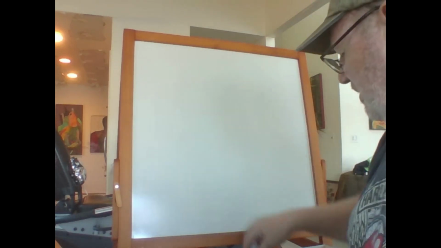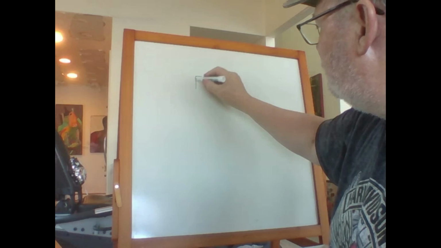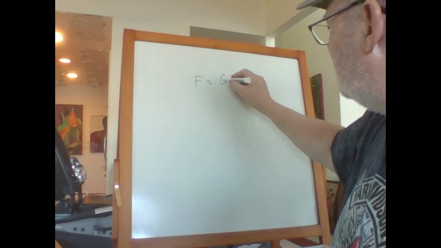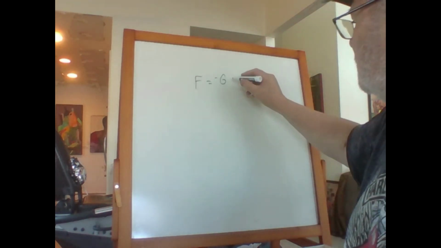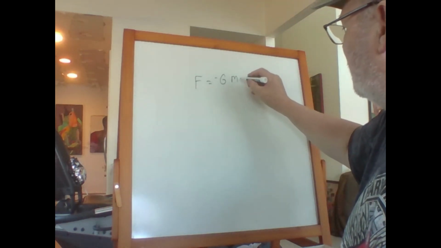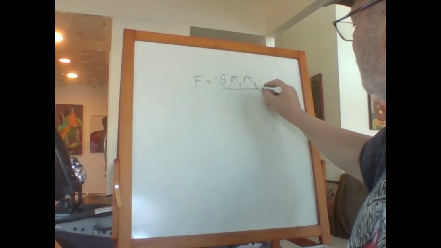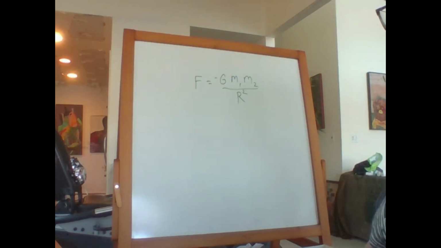Newton's law is basically a mathematical rule that the force between two objects is equal to the gravitational constant times the mass of the first object times the mass of the second object over the distance squared between the two objects.